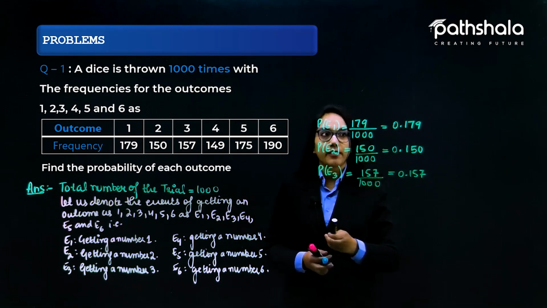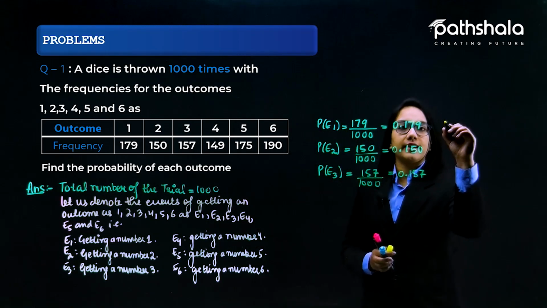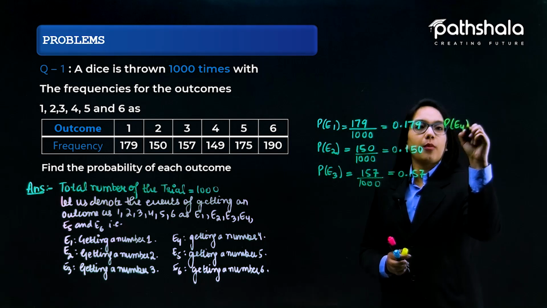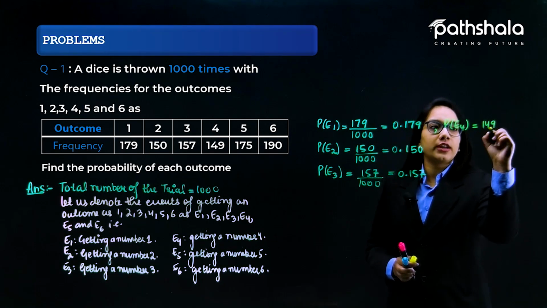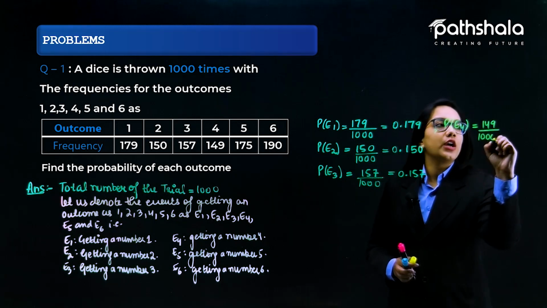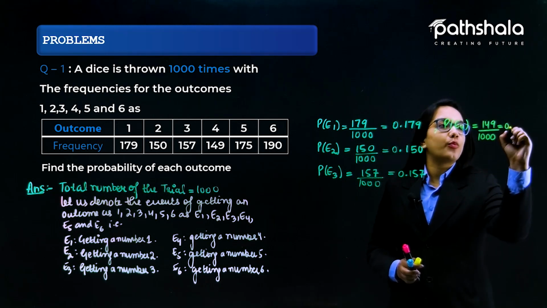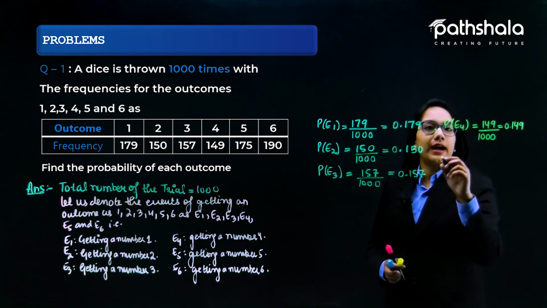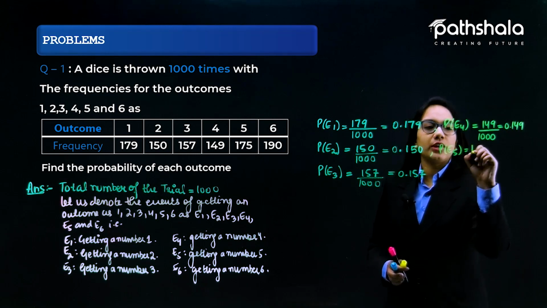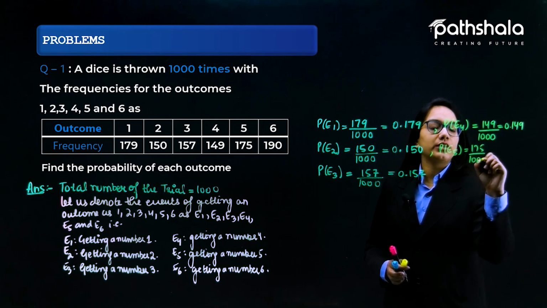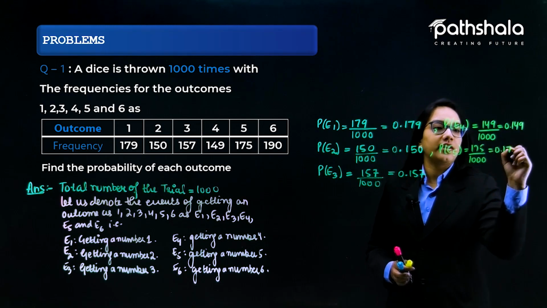Now the probability of getting E4 is 149 divided by 1000, which is 0.149. The probability of E5 is 175 divided by 1000, which is 0.175.